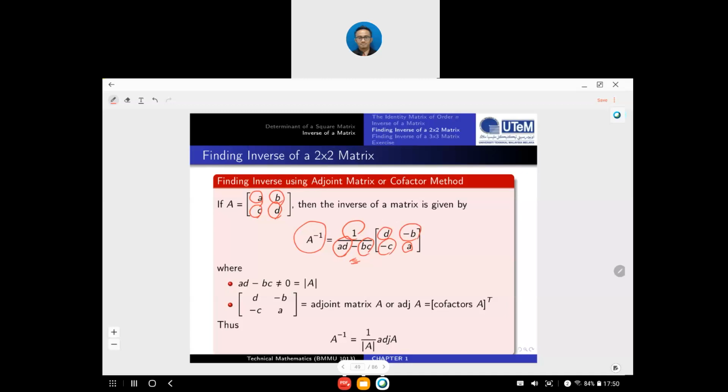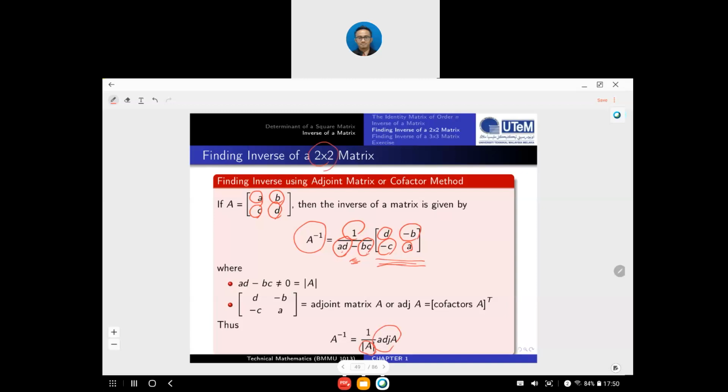Actually, AD minus BC adalah determinant. And then when you change the position of A and D, and then negative B, negative C, this one is adjoint. Okay, ini untuk mencari inverse of matrix 2 by 2.